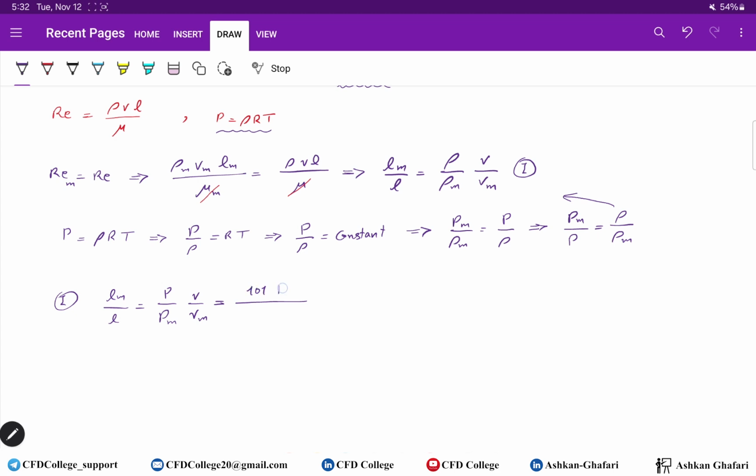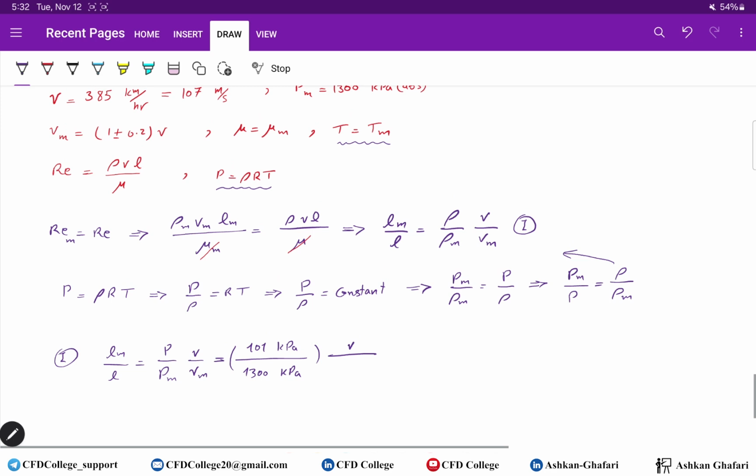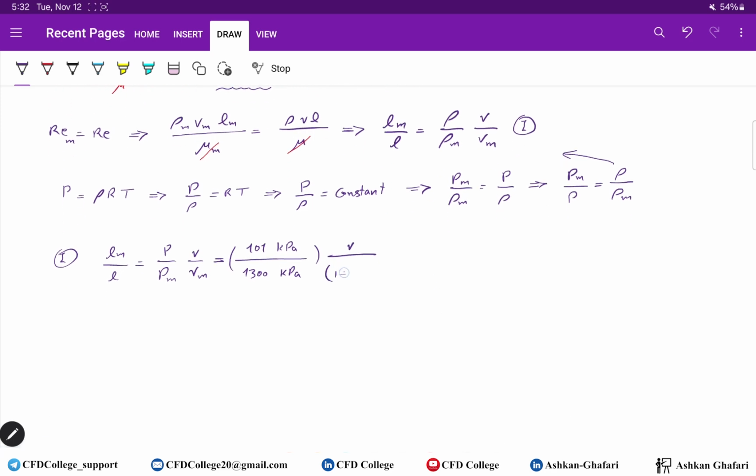101 kilopascals and 1300 kilopascals, both absolute pressures, times V over (1 plus or minus 0.2) times V. From this, you can find Lm over L. So we have two limits, two numbers.